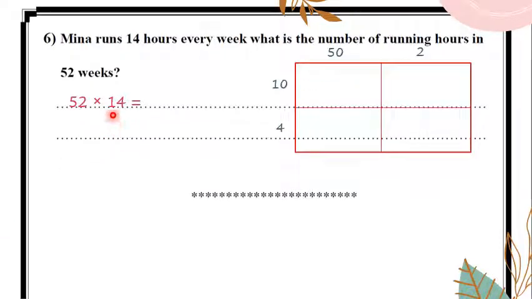Also 14, I will break it into 10 and 4. Now let's multiply. 10 times 50 equals 500 and 10 times 2 equals 20. Then 4 times 50 equals 200 and 4 times 2 equals 8.